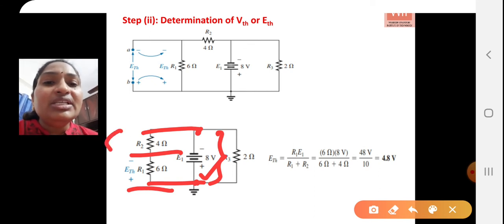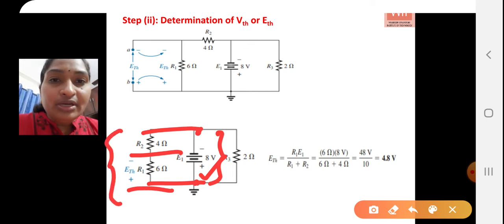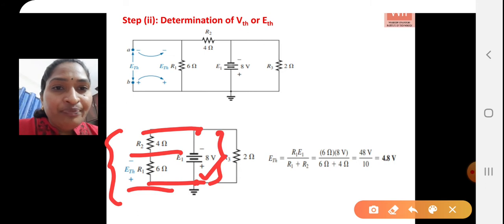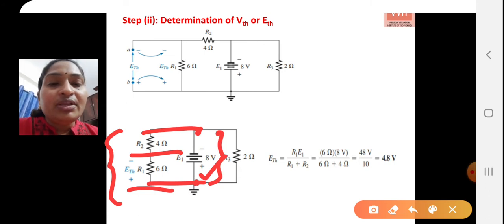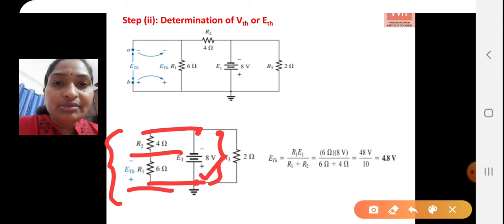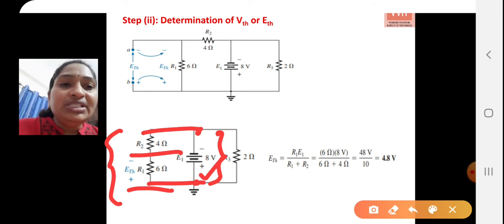Since it is a series connection, from the voltage division rule, if a total voltage is divided across two series connected branches, their individual branch voltages can be determined using the voltage division rule.